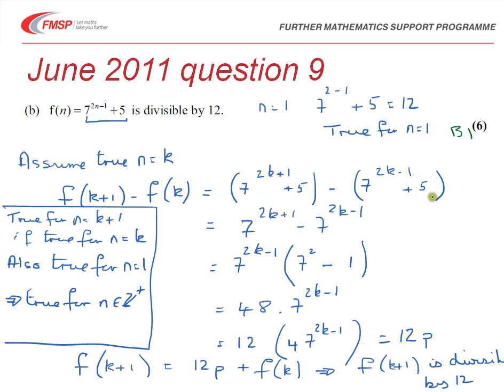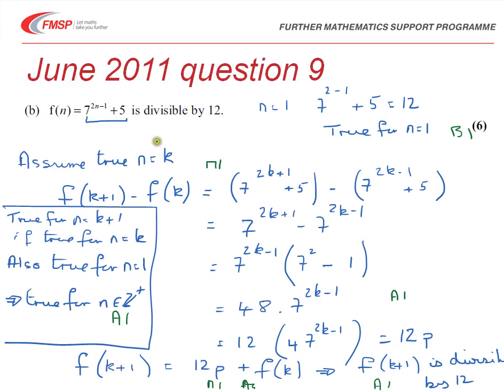The method mark, accuracy marks coming into here, and then finally two more, a method mark here and a final accuracy mark, and then one for the final statement. So the 6 marks allocated there. Right, so that is that one done by one method.